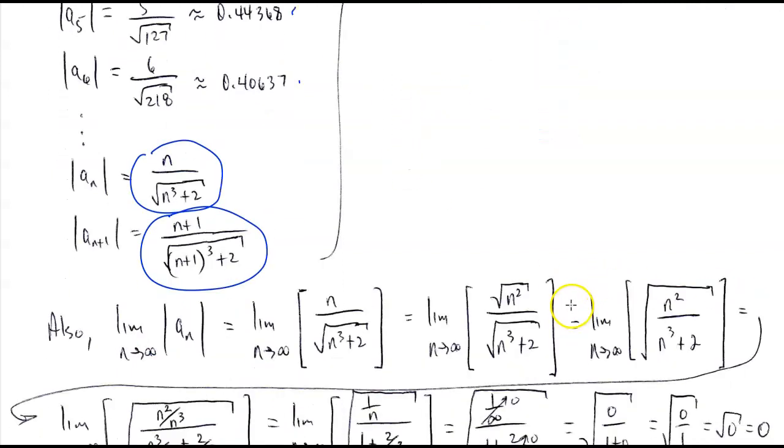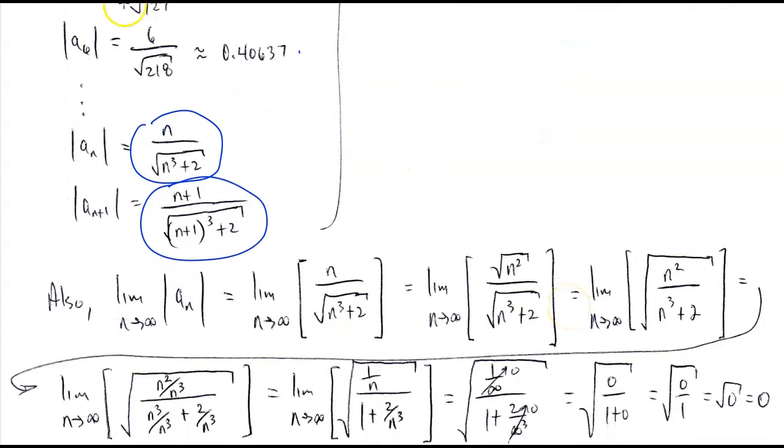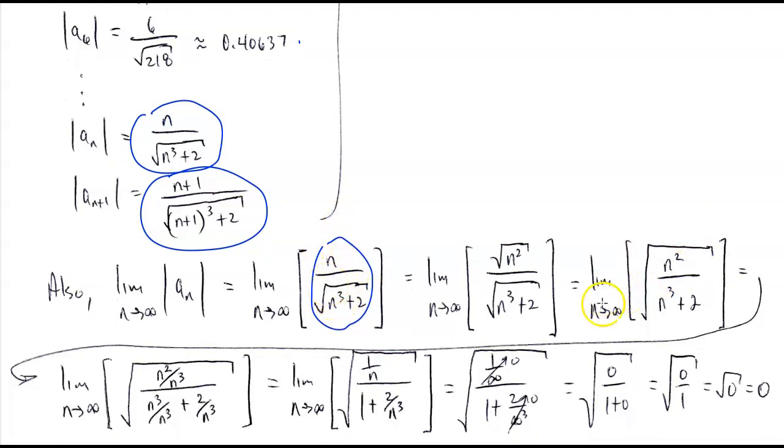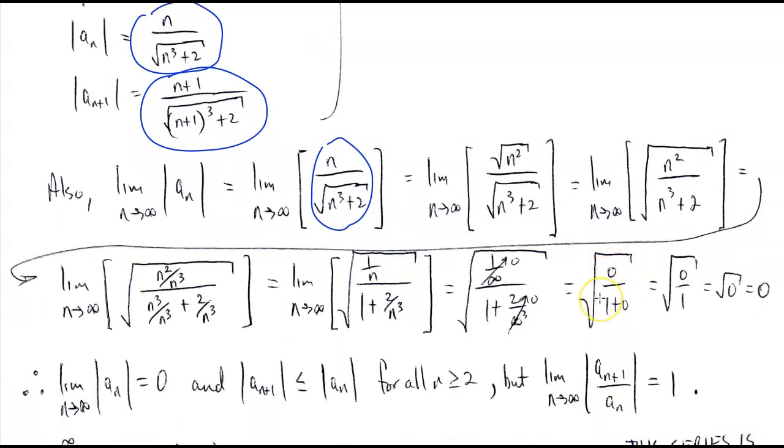Also, if we look at what the absolute value of a sub n is, which is just this portion, then we see that after some algebraic manipulation, the limit of that particular sequence goes to 0. And that is the second condition that has been met.